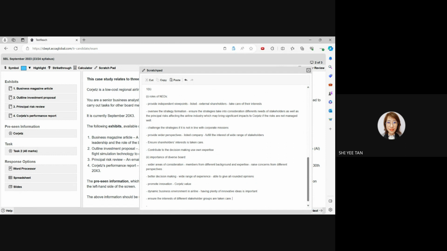If you have enough female members, they will make sure that the female benefits are taken care of, I'm giving an example. So maybe who knows, in future airlines also have female coaches. Who knows? Right? So ensure the interests of different stakeholder groups are taken care of with a diverse board.